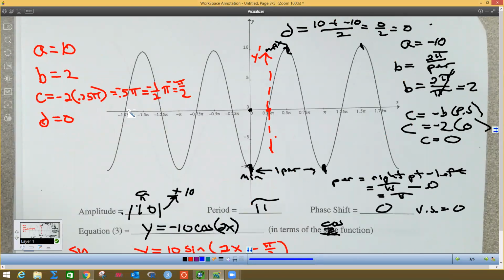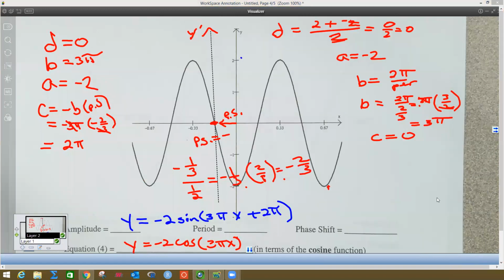So B was this thing. And we had to take 2 pi divided by the period. And we said the period was 2/3 from that number. So B is 3 pi.